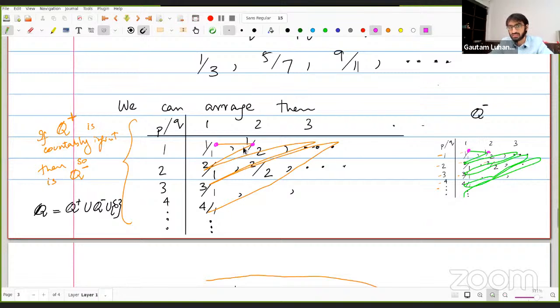So I'm following the same orange and green paths, except I'm doing them alternately. The paths are already made for me. I just have to jump between these two paths.